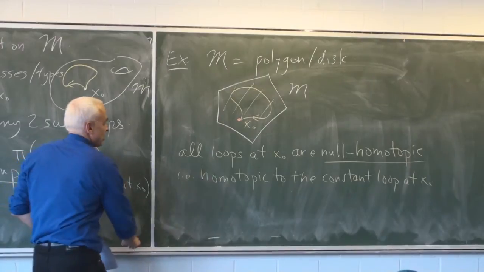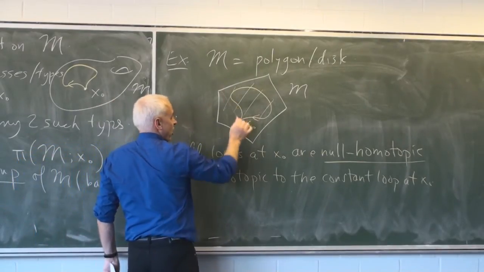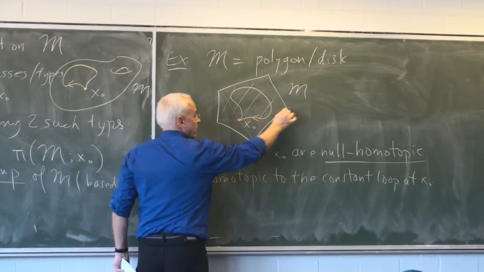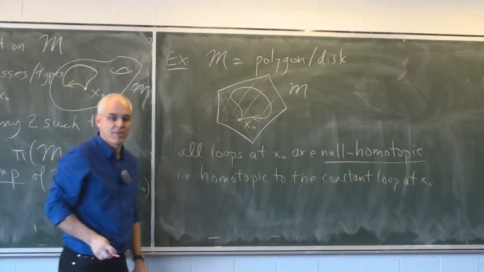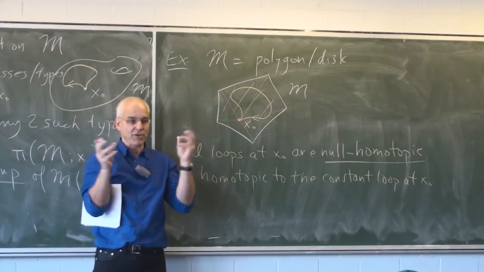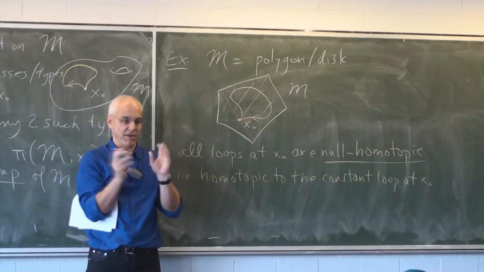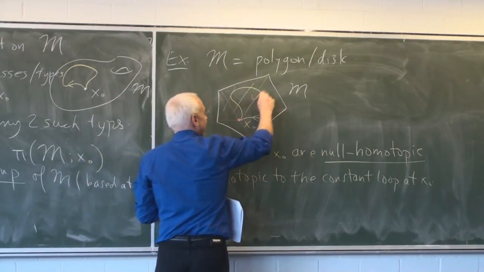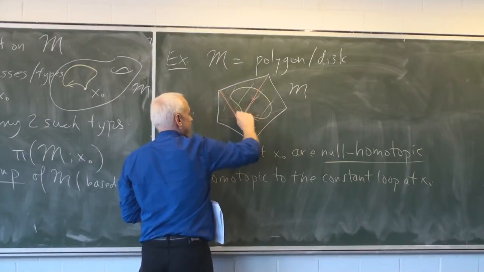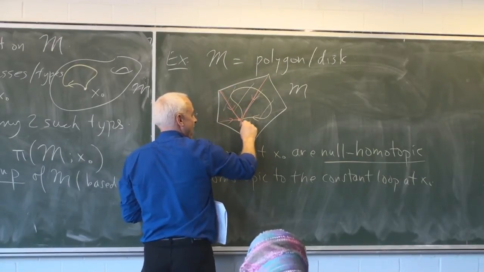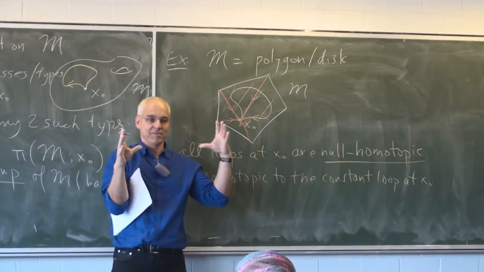Well, what you can do is use the fact that this is kind of star-shaped, that you can see every point from x0. And you can imagine like a spider at x0, just drawing in on its web everything. So imagine just bringing everything into x0 at a constant rate.